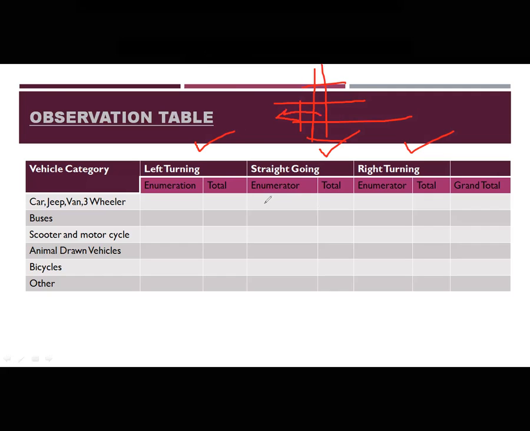If it goes straight, the mark will come here. If it turns left, the mark will be here. On the basis of the weight or type of the vehicle, the marking will be there, so the whole marking is proper here.